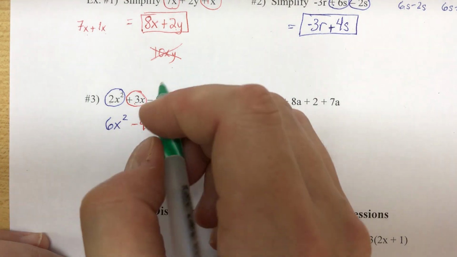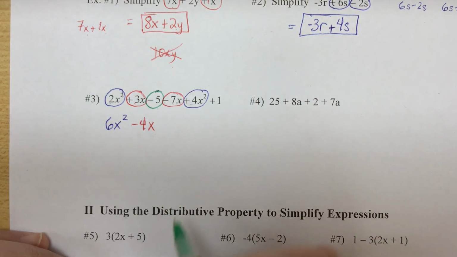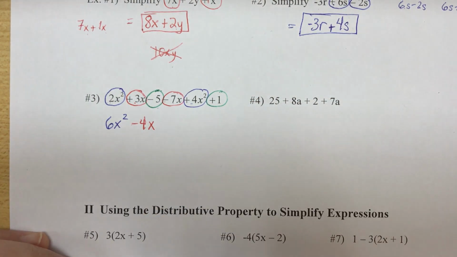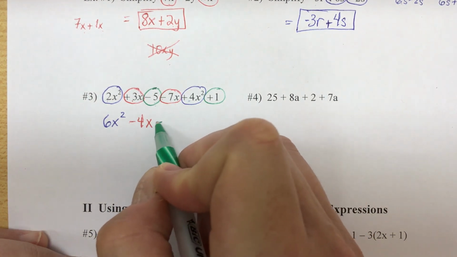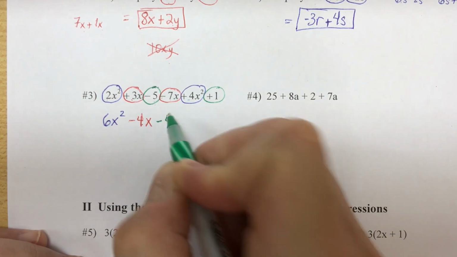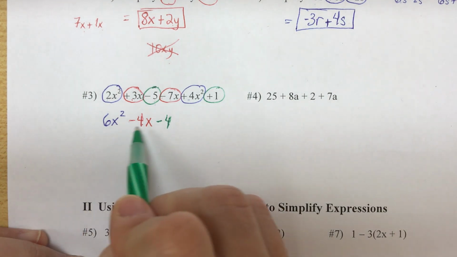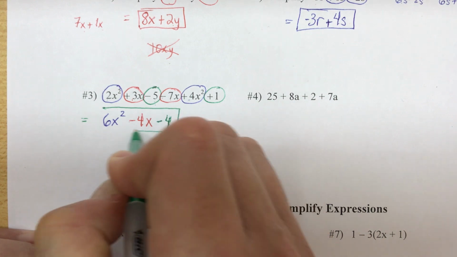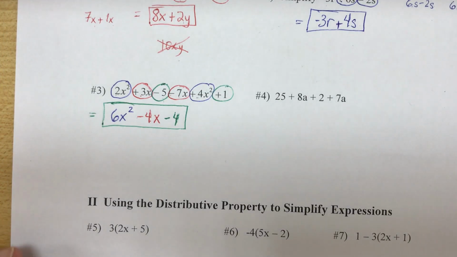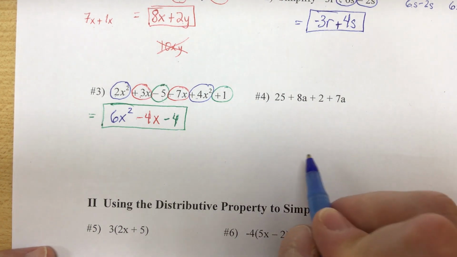And then the last thing, we have constants, negative 5 plus 1. And when we add those up, negative 5 plus 1 is negative 4. So I write that as minus 4. Now these are all different kinds of terms, so that means we are done. That is simplified. It's as far as we go. Okay, number 4.